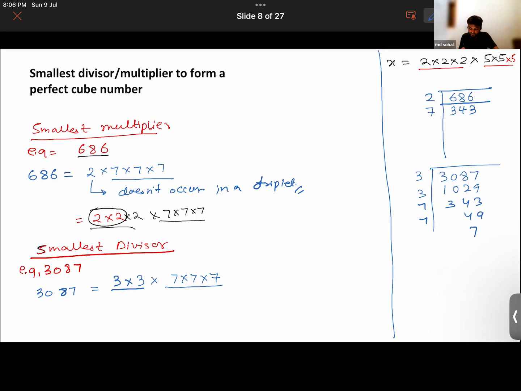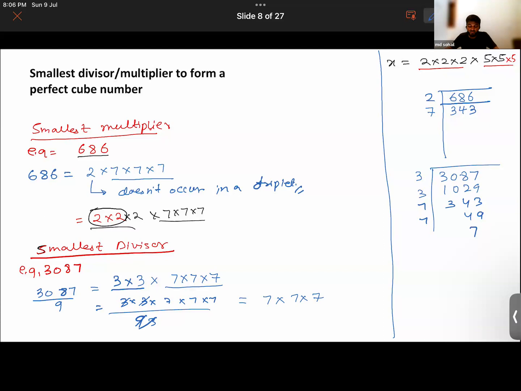So if you were to divide this number by 9, its prime factorization gets cancelled out. So we are left with 7 as a triplet here. So simply divide this number by 9, and then we can make it into a perfect cube.